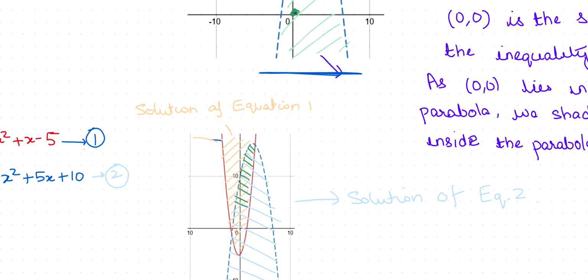So this green color is the solution of the system of equations. The region where the two graphs overlap is the solution of the system of equations.